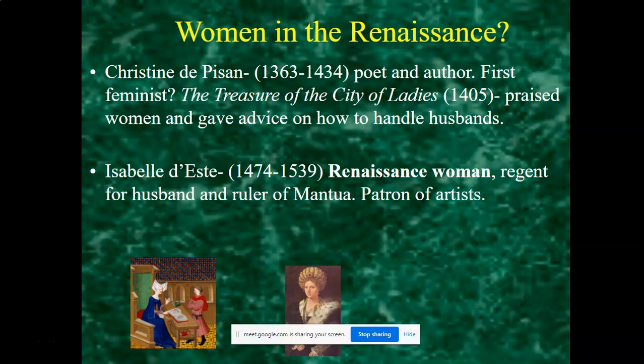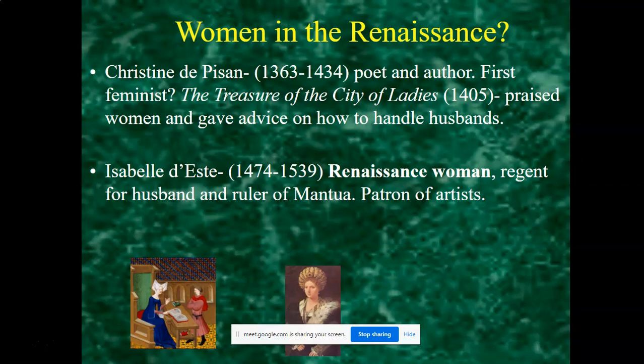Isabel d'Este is a Renaissance woman. Her husband goes off, he's a ruler of Mantua. He goes off to fight in a war, and she takes over for him, and everybody says, when she takes over, and she's ruling Mantua, oh my gosh, she's doing a better job than her husband does. And that shouldn't surprise us. It does surprise people from the day.